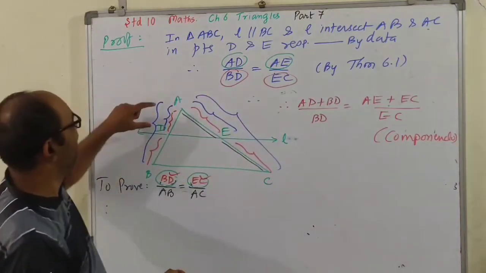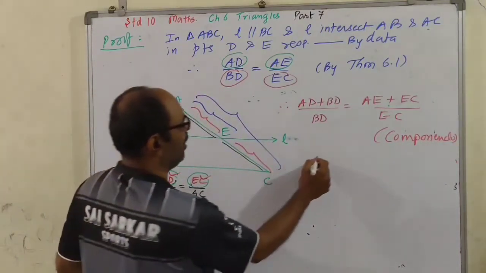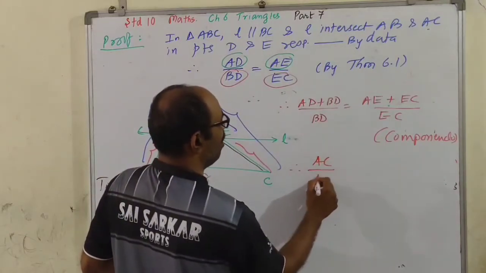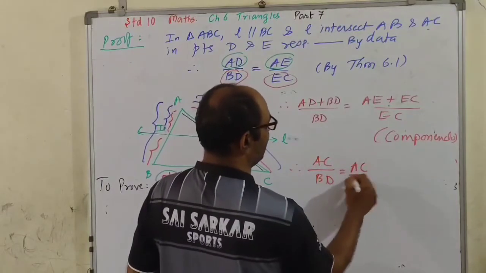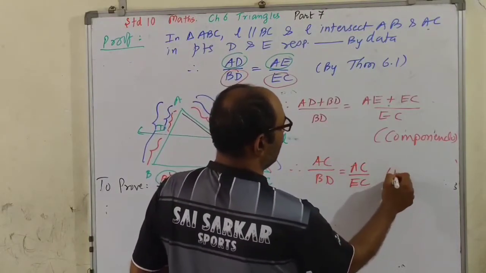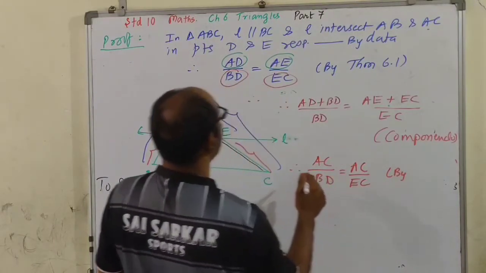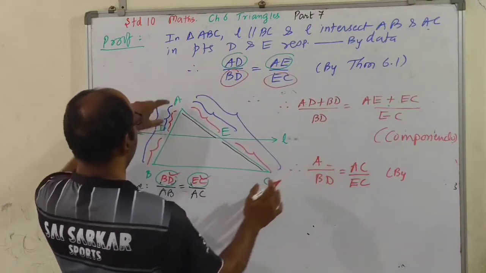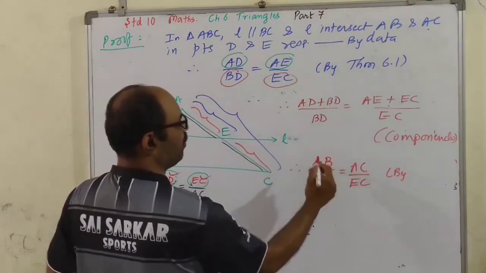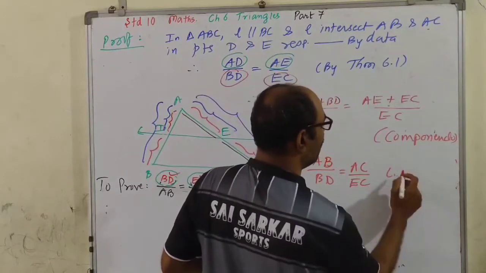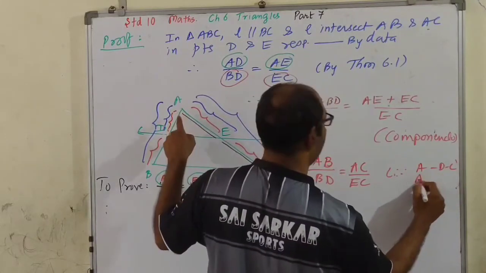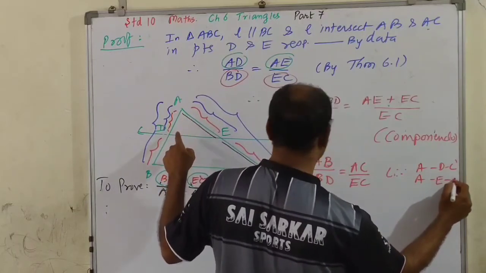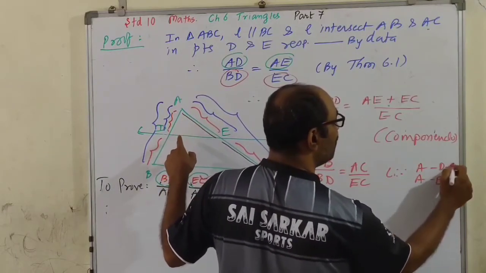Now we have already seen AD plus BD is AC upon BD. AE plus EC is AC upon EC. This is AB. AD plus BD is AB, because A-D-B and A-E-C are in this order and B is here.